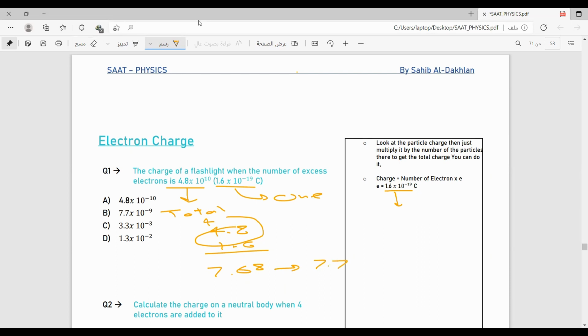Then here we have 10 to the power 10, and here 10 to the power negative 19. If you multiply them, you sum the powers, and you end up with 10 to the power negative 9. So yes, you're right, Dua and Nuha. It is option number B.